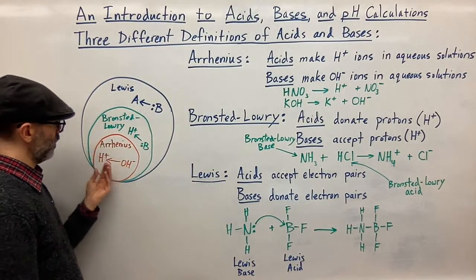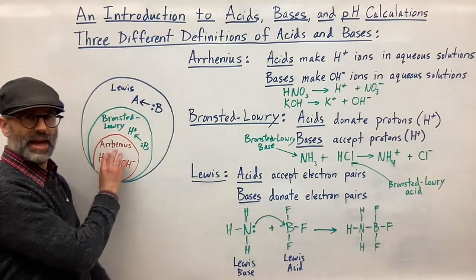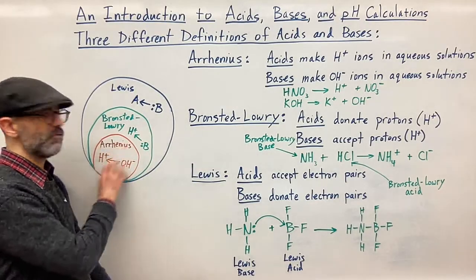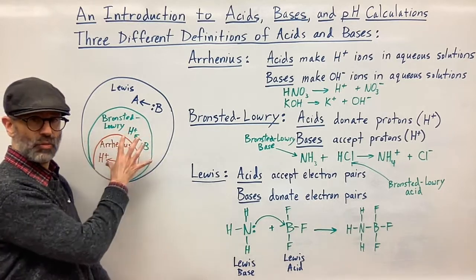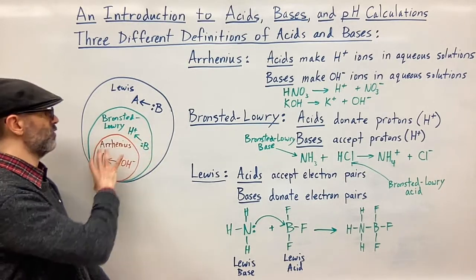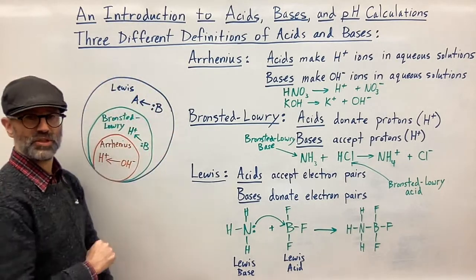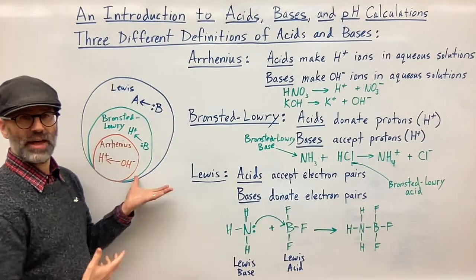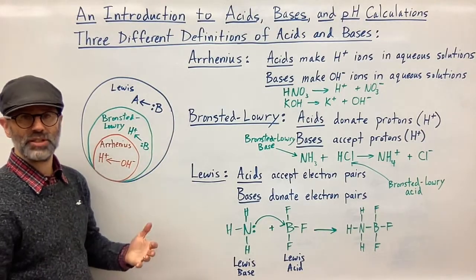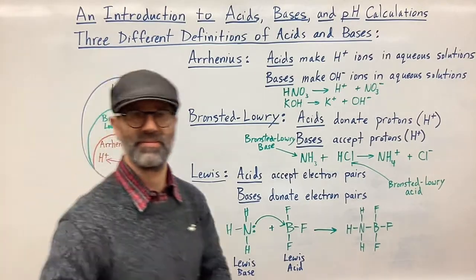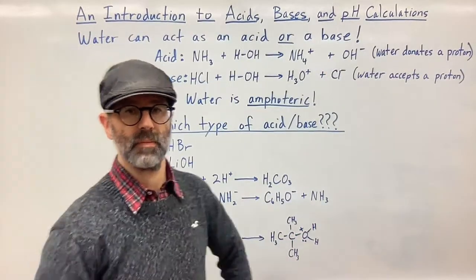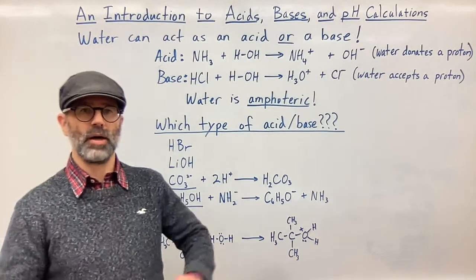So the Arrhenius is the most specific, and it has the least that are going to fall in this category. And then the Bronsted-Lowry allows for more to be considered acids and bases. And then your Lewis encompasses more. Okay, so that is your different definitions of acids and bases. Let's talk about water now.